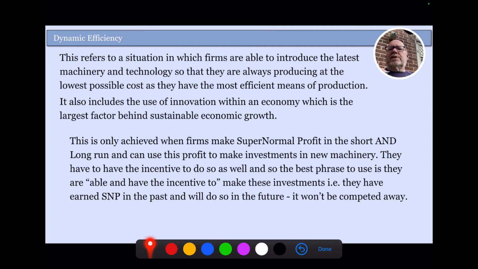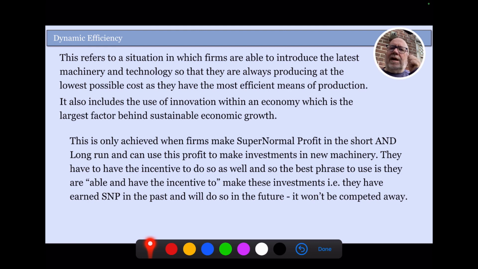But really, what you then say is, however, they are able to invest that profit. And there's two things. The best thing to say, they are able to invest and they have the incentive to make those investments. In other words, they've had the profits from the past, they've built them up, they can introduce new machines, and they've got the incentive to do that, because if they do that and they reduce their cost and they make supernormal profits again in the future, they are going to keep them.